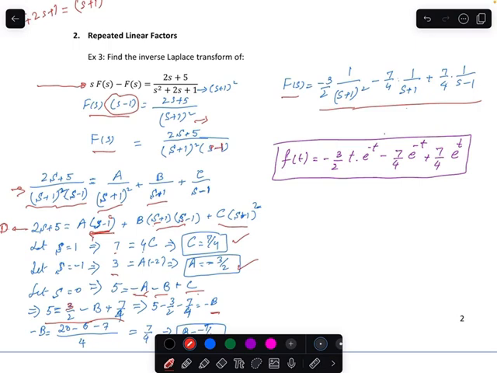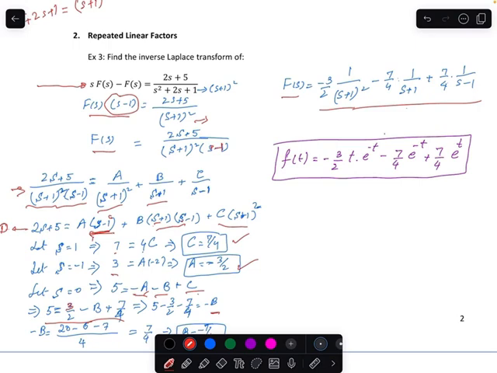Now we can write our function f of t. We recall that 1 over s square is the Laplace transform of t. So if we had a 1 over s square, I would get -3 over 2 t. But since we have s plus 1, it means there is a shift, so we multiply by e to the alpha t.